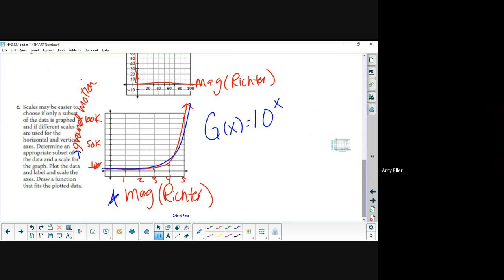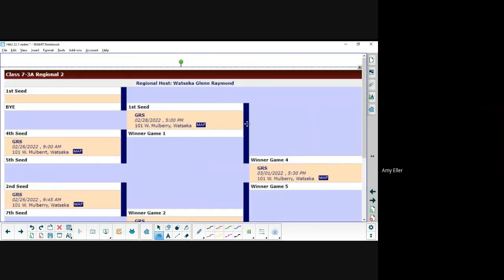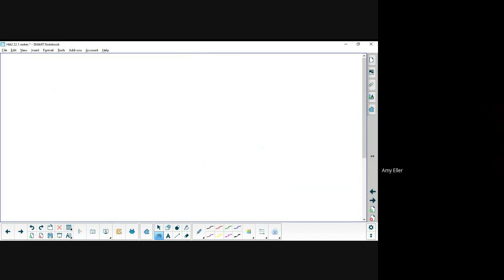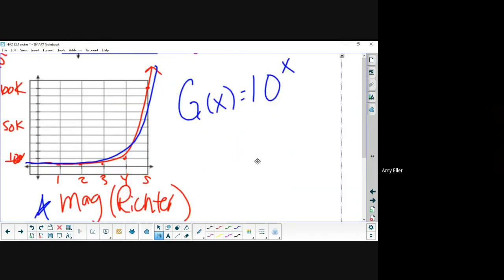Let me see if I can copy this nicely. Oh, new page.